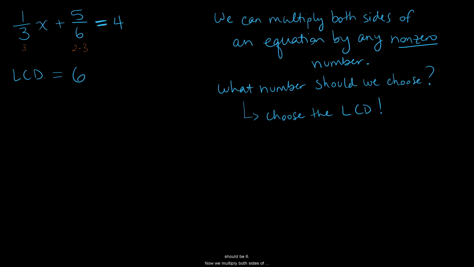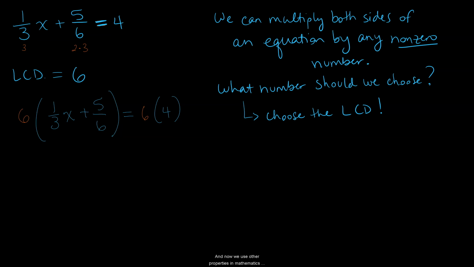Now we multiply both sides of the equation by that LCD. So I multiply 6 times 1/3 x plus 5/6, and we multiply 6 times 4. So multiplying both sides by that LCD.